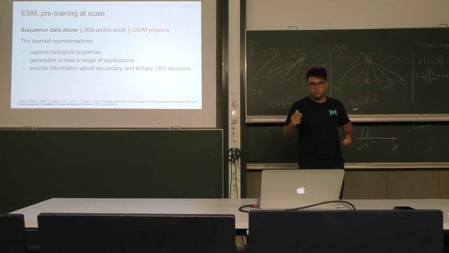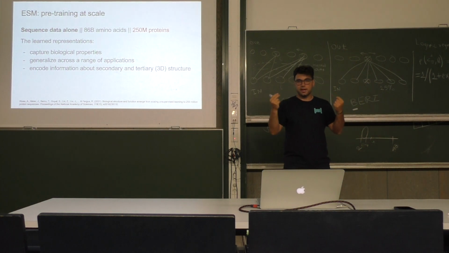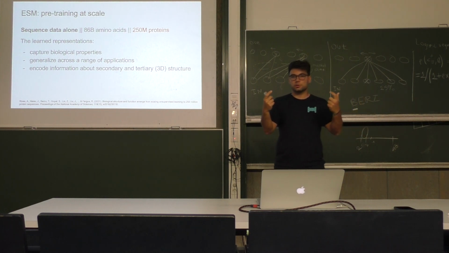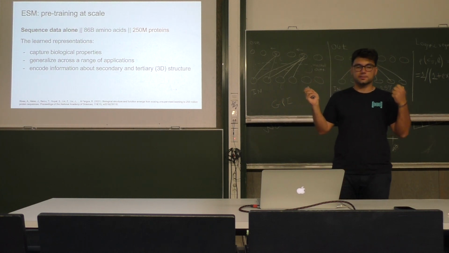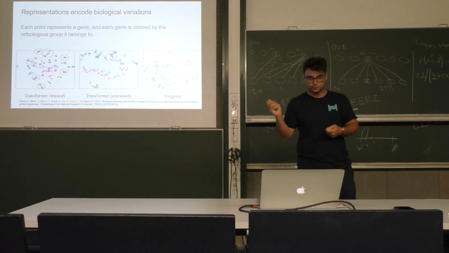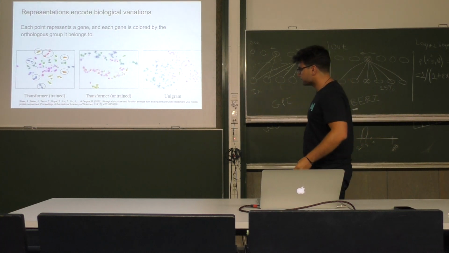And already we will see that it encodes information without ever being trained with any type of supervision on secondary structure or tertiary structure. It already captures some of those underlying information. Here is another visualization, again from the output of the transformer.